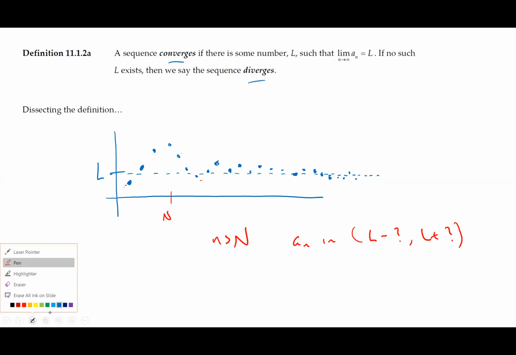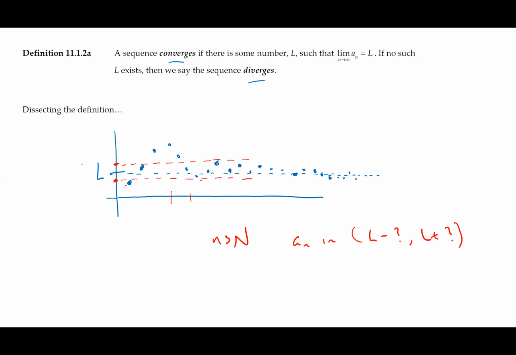Let's take, I don't know, make that our width around L. So I built an interval around L. And sure enough, eventually, all the points sit inside that interval. And so what we can say is, it doesn't matter how small that interval is. Eventually, all the terms of my sequence will be inside that interval.